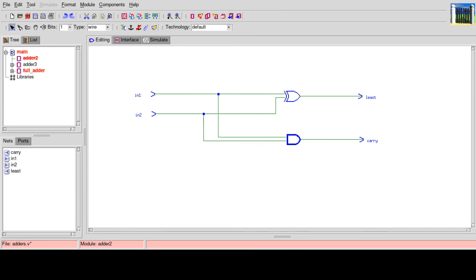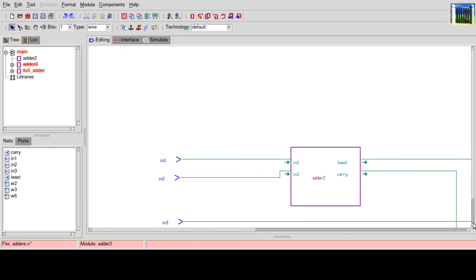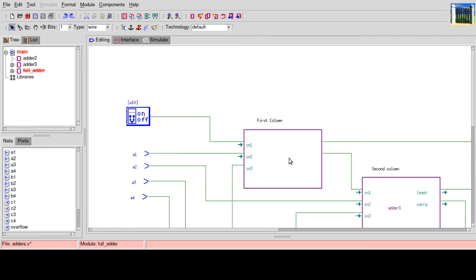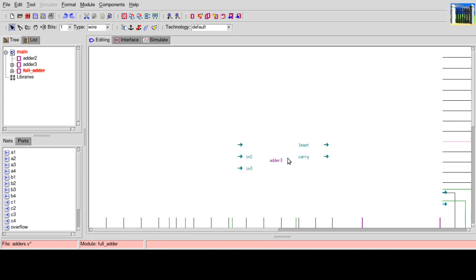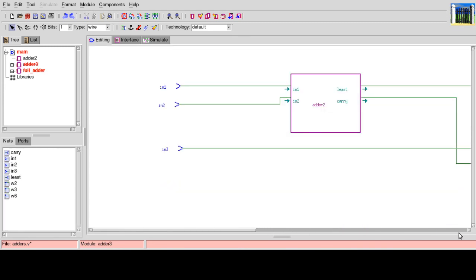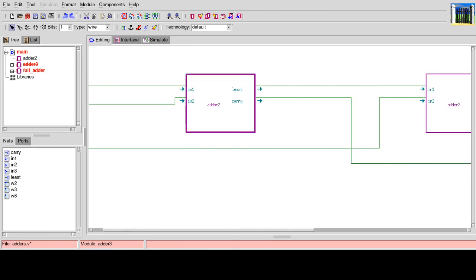Now that 2-bit adder I'm going to represent as a box. Give me a second. Okay, hold on here. There we go. That 2-bit adder I'm going to represent by this box right here. Think of it as a 2-bit adder.